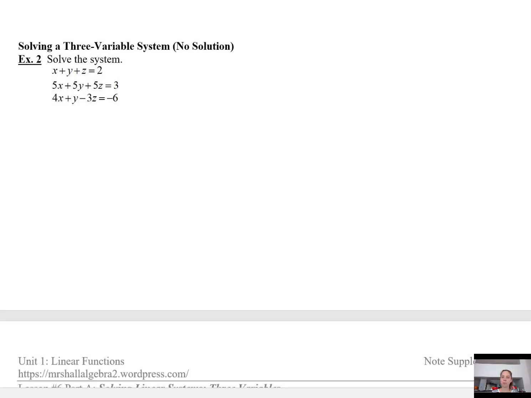Example 2. I start with 3 equations and 3 unknowns. You say equation 1, 2, and 3. I am going to opt to eliminate the y's again, and I'm going to compare equations 1 and 2. So let me rewrite 2 as it is.